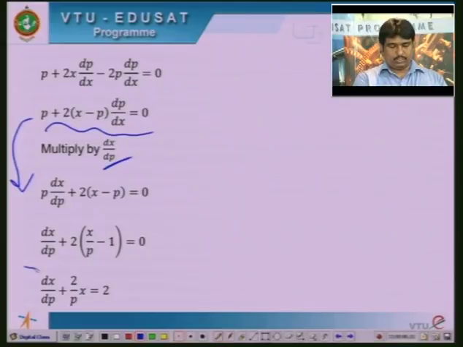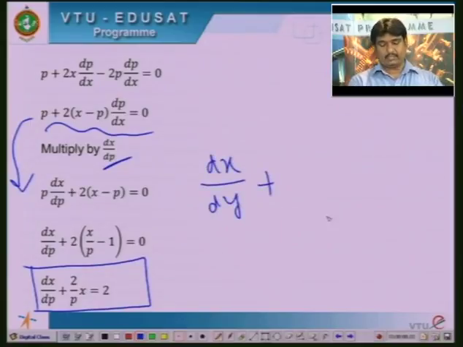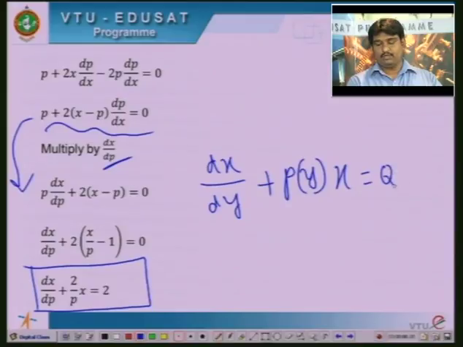So it is dx by dp plus 2 by p into x equals to 2. It is of the form dx by dy plus some function of y into x equals to some function of y. This is a Leibniz linear equation.